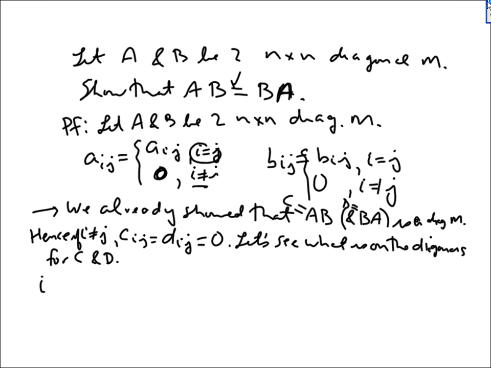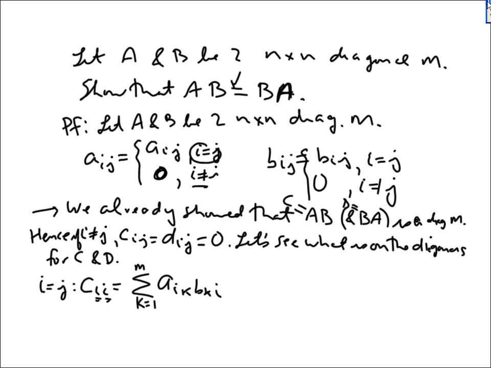So, i is equal to j. What is Cii? Well, it's the summation of AIK, BKI, as k goes from 1 to n.